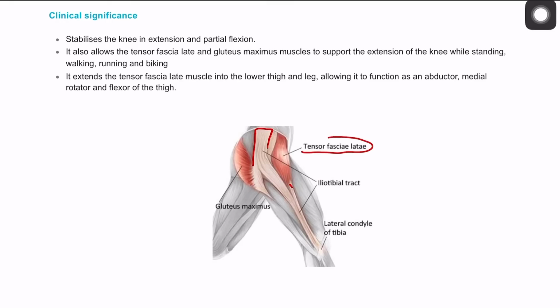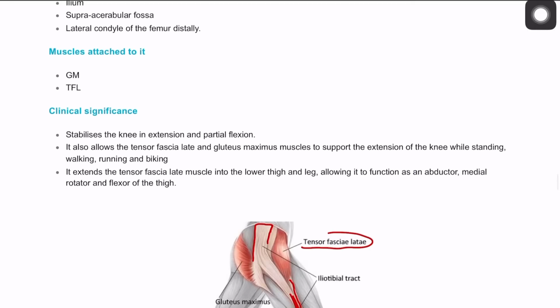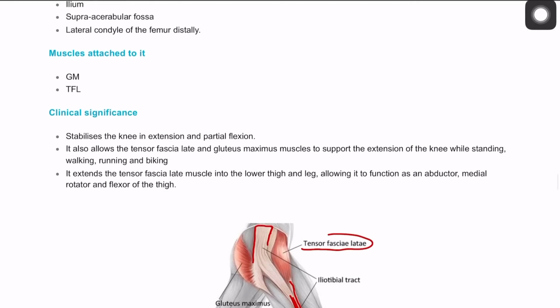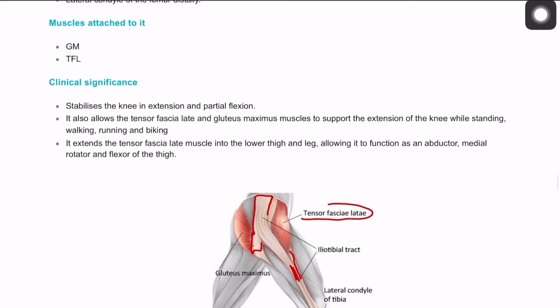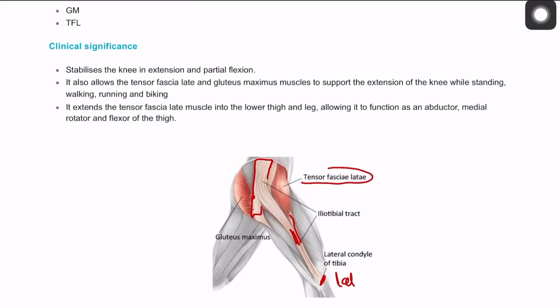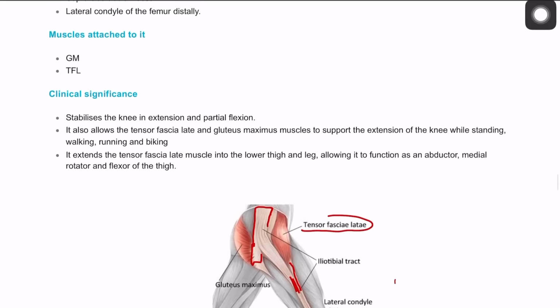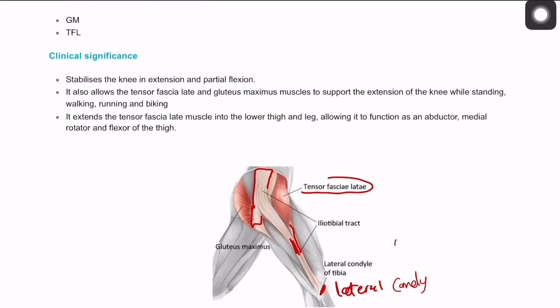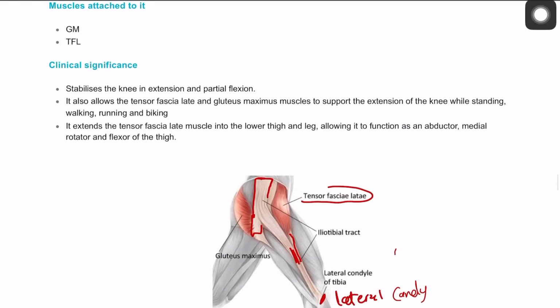So origin, it comes from the ilium and the supra-acetabular fossa, which is right there, and it inserts into the lateral condyle of the femur. It represents a good attachment for the gluteus maximus muscle, so the gluteus maximus is attached to it, and the tensor fascia lata is also attached to the iliotibial tract.